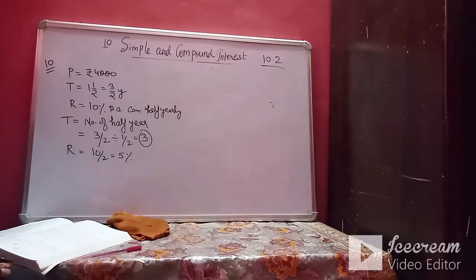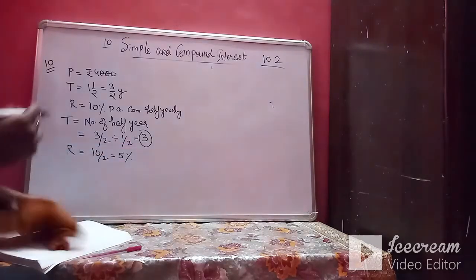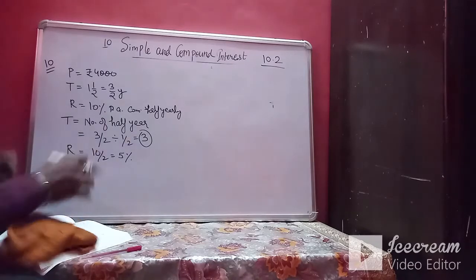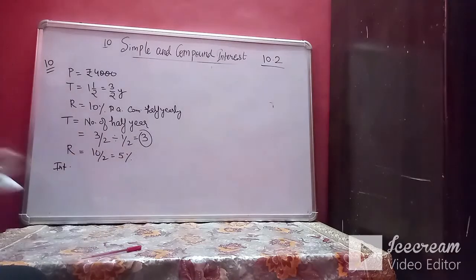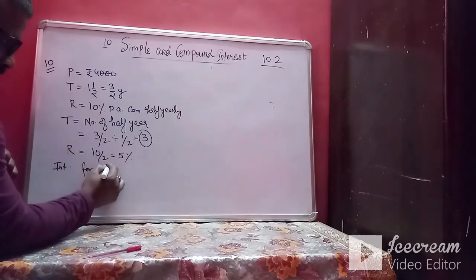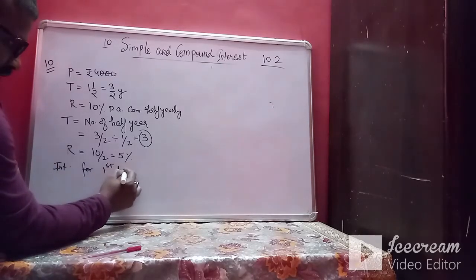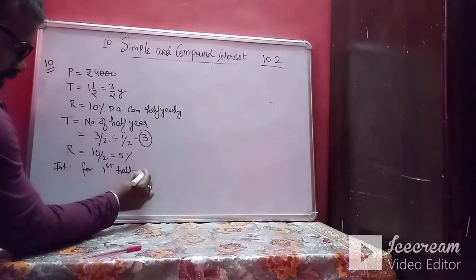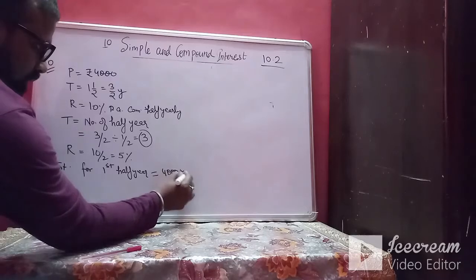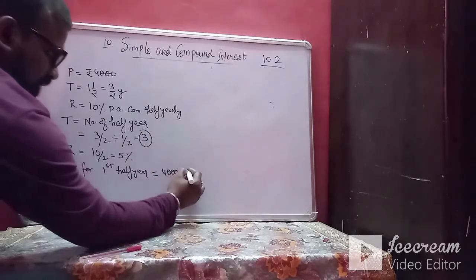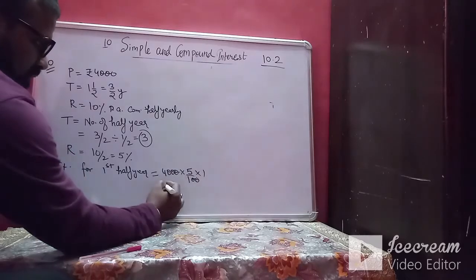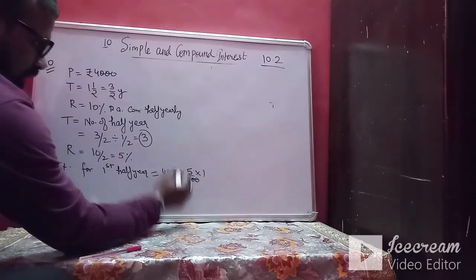Now we will do the calculation like we have done in the previous questions. So first we will calculate interest for first half year. Okay, so what will be our interest? 4,000 into, rate is now 5 upon 100 into 1, that is rupees 200.